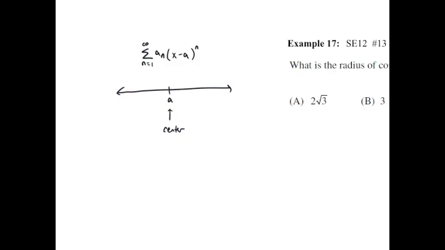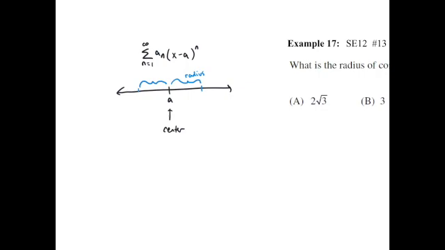Now, if you find out that your radius goes from here to here, and again, the radius is always going to be a positive value, we obviously have the other side, which has a radius of the exact same length. The radius does not dictate to us how the interval works.